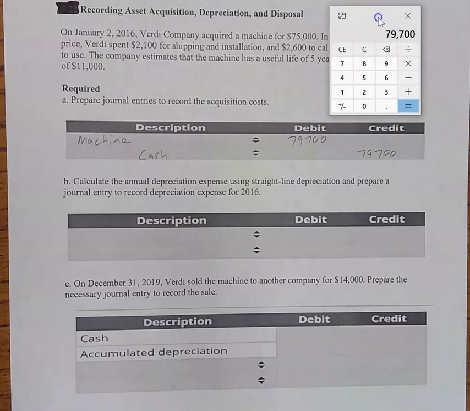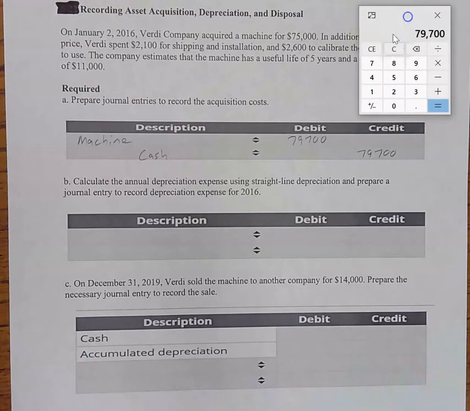So let's move this up here. We're going to have to establish our depreciable base, and so we're going to subtract from this the $11,000 salvage value. Okay, so our depreciable base is 68.7, and then we are also going to be using this for 5 years. So we can divide by 5, and we can get our annual depreciation amount.